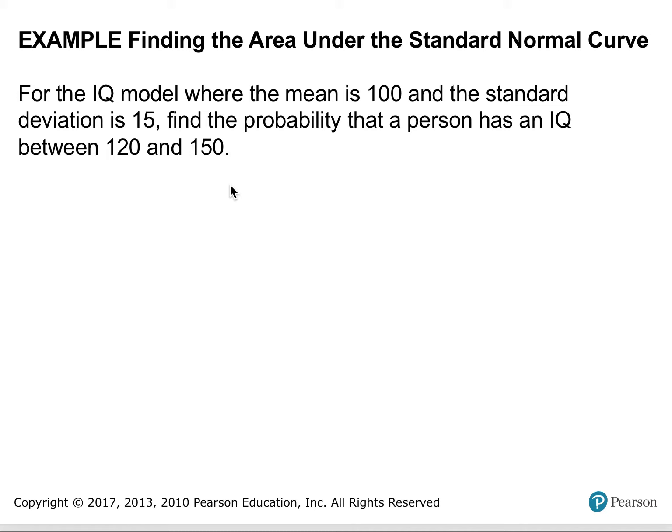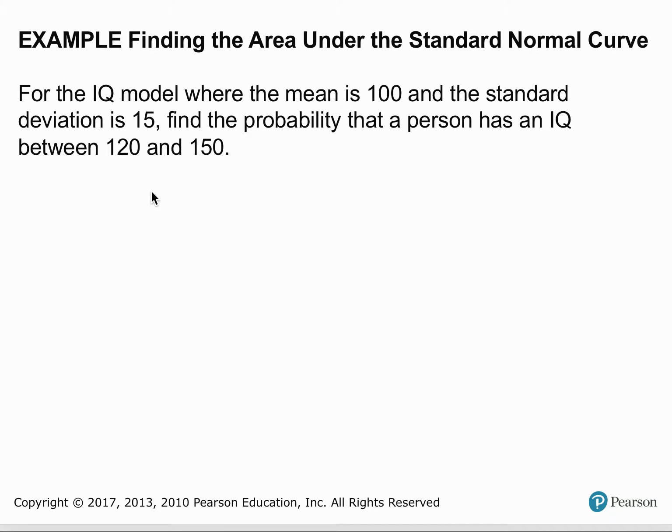To get to our distribution, go down to the normal cumulative distribution. And I want to go between 120 and 150. So 120, comma, 150, comma, mean of 100, comma, standard deviation 15, comma.